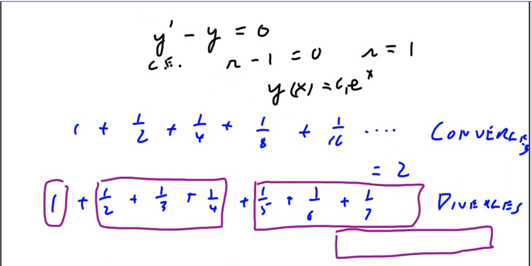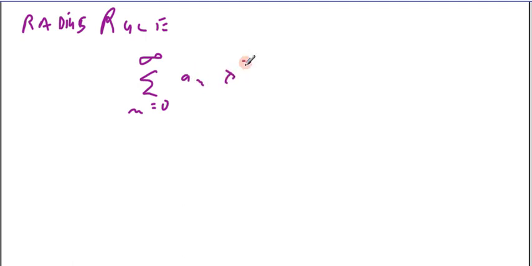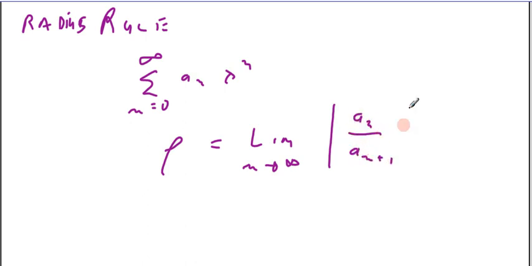So we have a rule, and it's a radius rule, because we want to know the radius of convergence. Now, for the purpose of this class, I'm never going to have you calculate these things, but if we have a series, the summation 0 to infinity of a n x to the n, we look at rho, which is the limit as n goes to infinity of the absolute value of a n divided by a n plus 1.